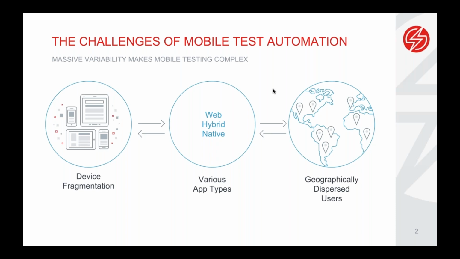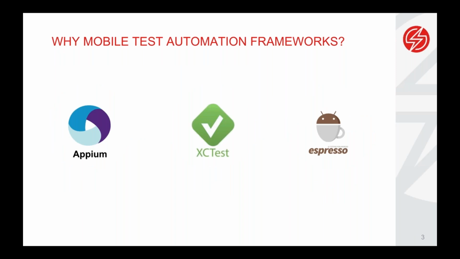So in India, the top OS device is the KaiOS device, which is basically a derivative of the Android operating system. So you have all these different users, device fragmentation, and various app types, which makes mobile testing a bit complex.